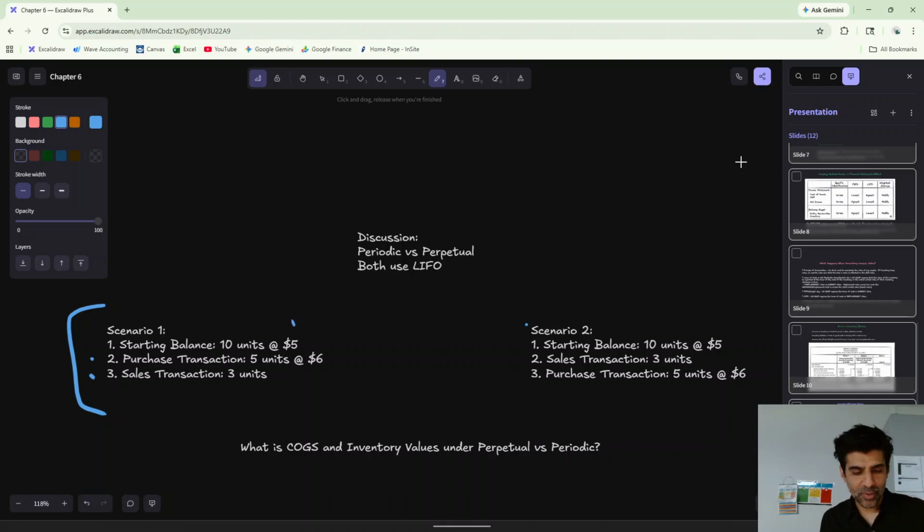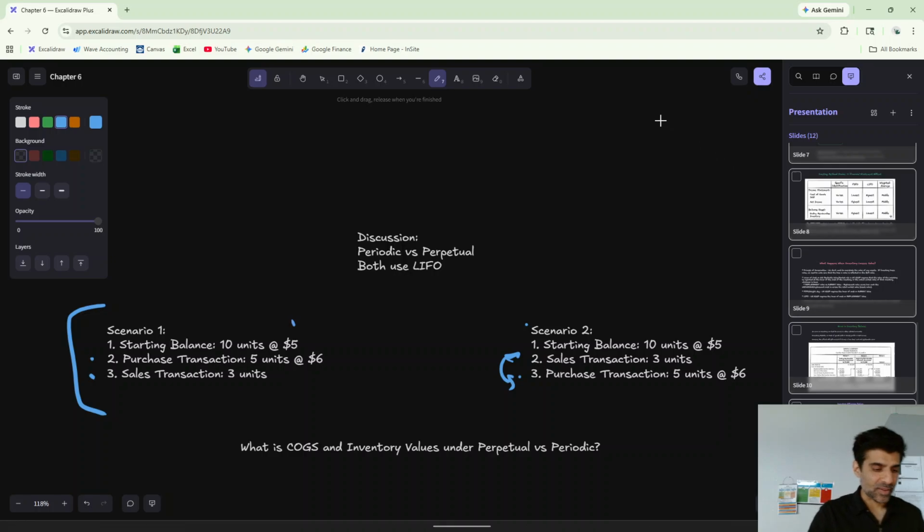In this second scenario, it's the same thing, except the orders are reversed between these two. We first have a sales transaction and then a purchase transaction. So you're going to see that under the perpetual system, it's going to give you two different results, but under the periodic, these are going to give you the same results.